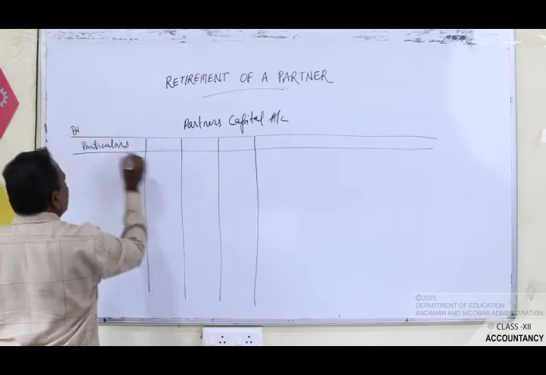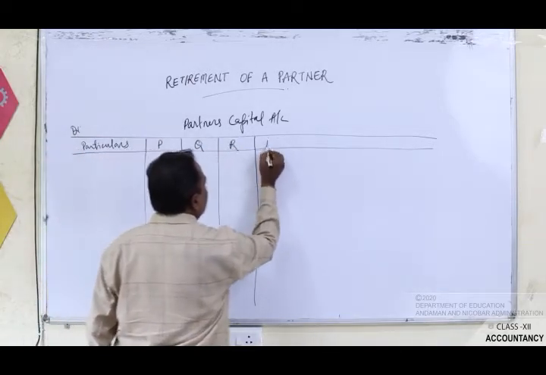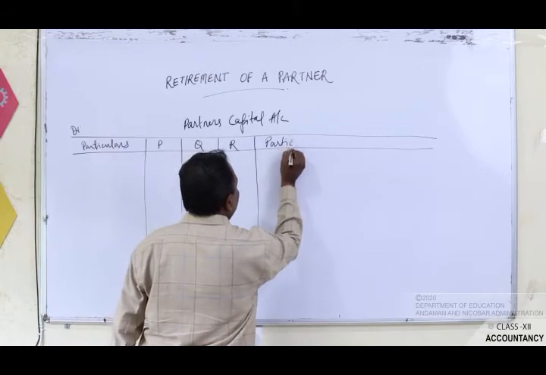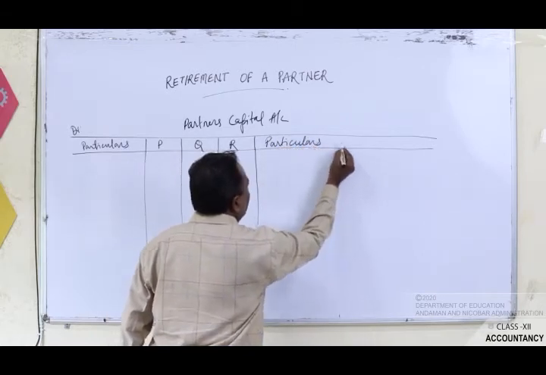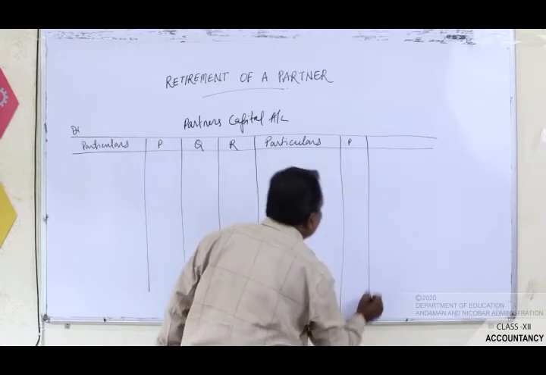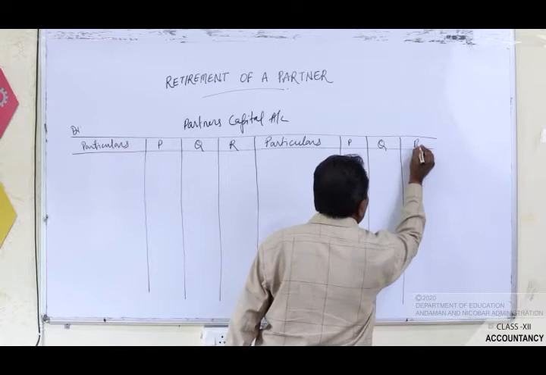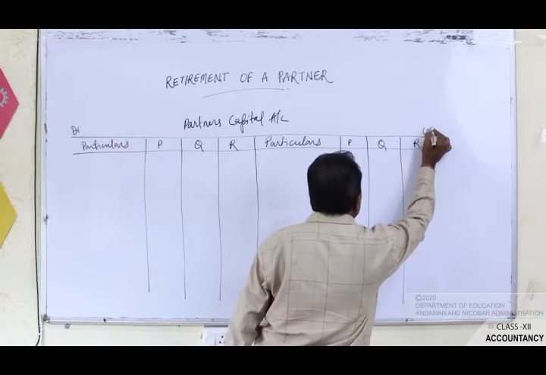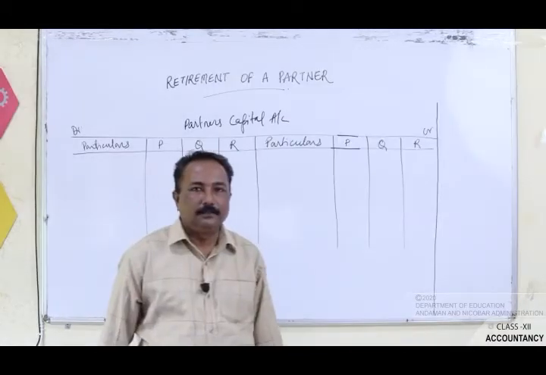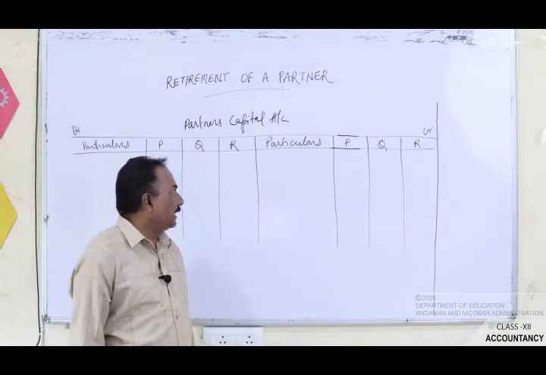This is the debit side, P, Q, R, particulars, P, Q, this is for R. This is the credit side. Now, students, let us prepare the partners' capital account.